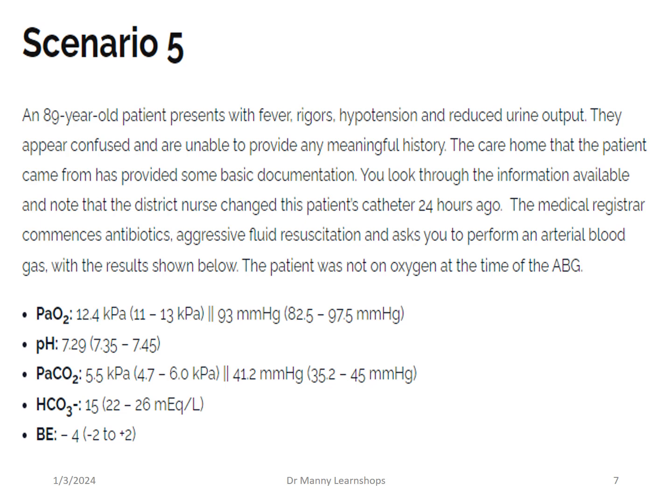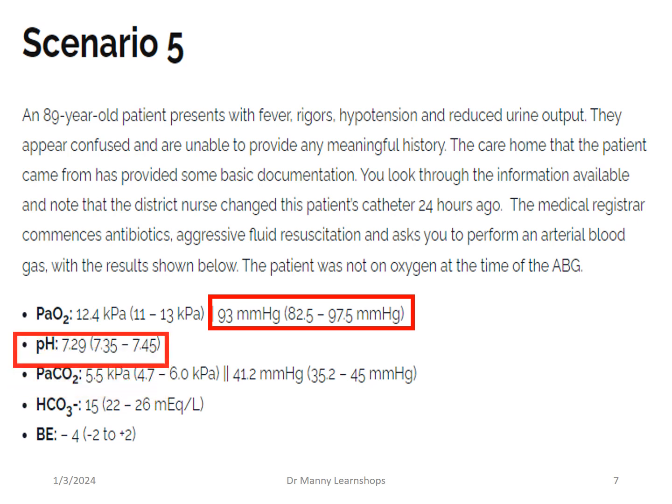Now note, the patient was not on oxygen therapy at this time of the arterial blood gases, so just breathing room air. When you look at the PaO2, it's normal. Breathing 21% oxygen, room air. When you look at the pH, it's low, indicating acidemia. You can say acidosis, acidemia, interchangeable.